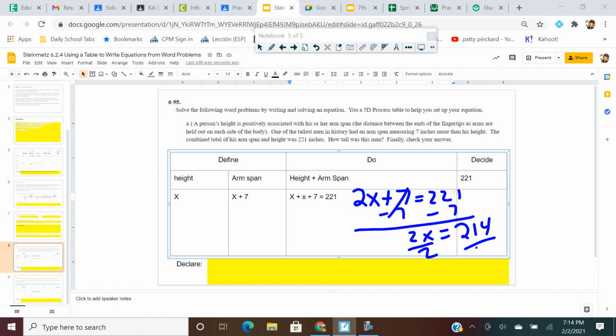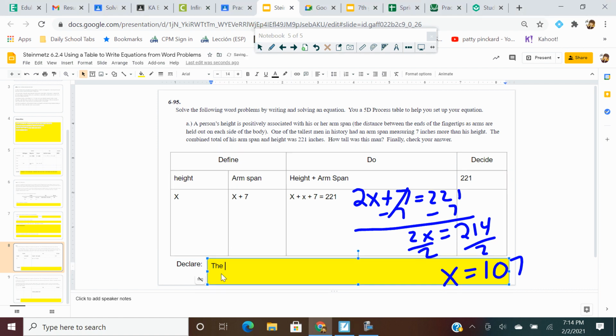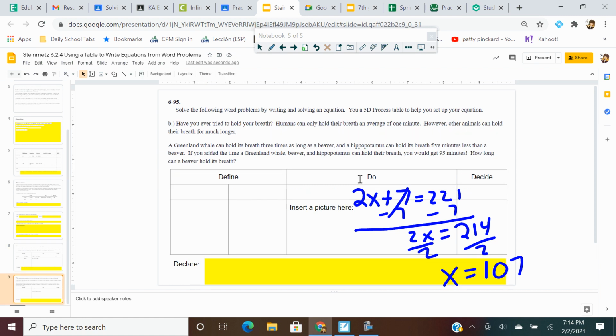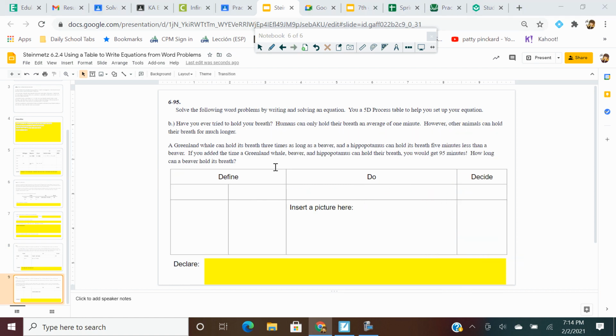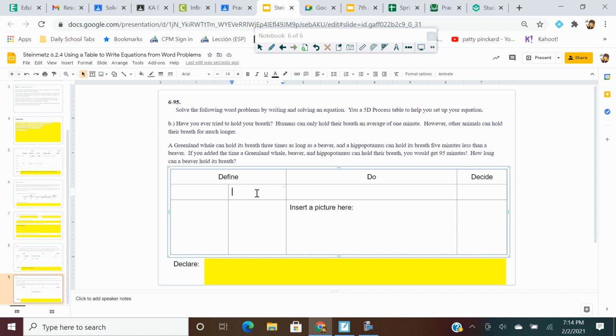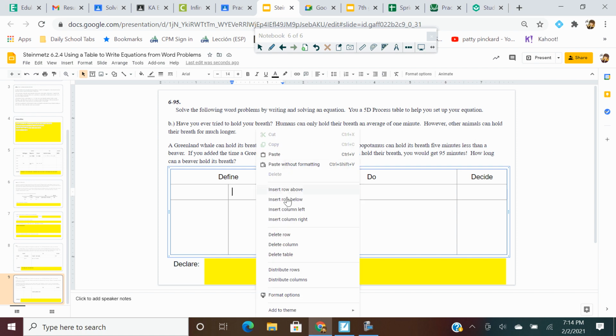Divide both sides by 2, and I'm going to get x equals 107. So that tells me that this man is 107 inches tall, which is almost 9 feet, a little less than 9 feet. Okay, so this one I know from earlier, we have to add another column.